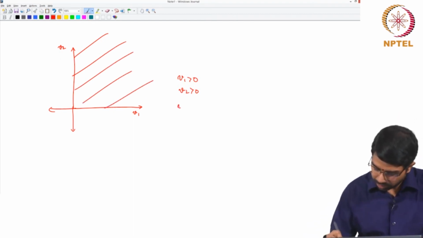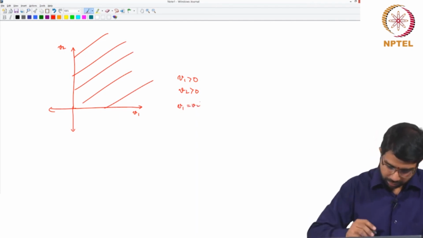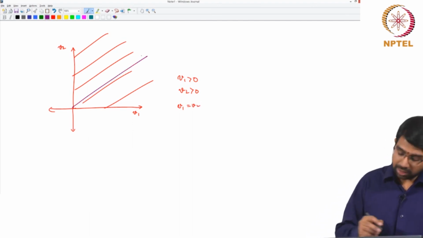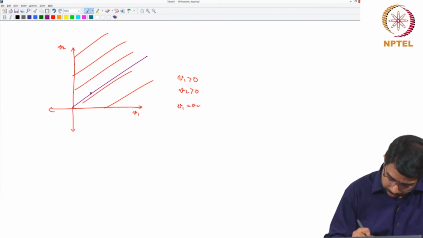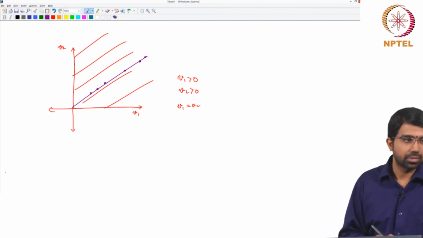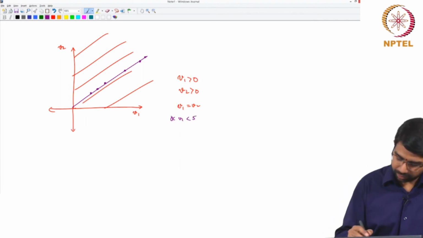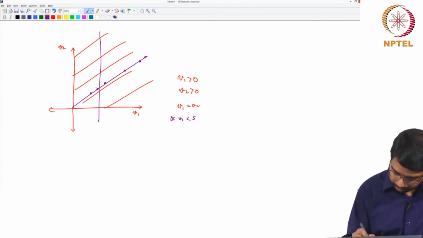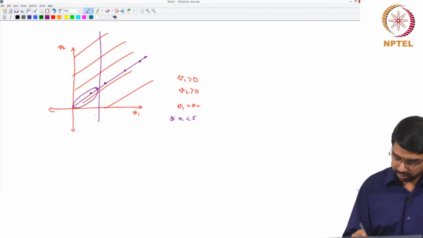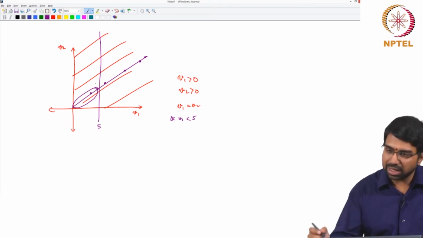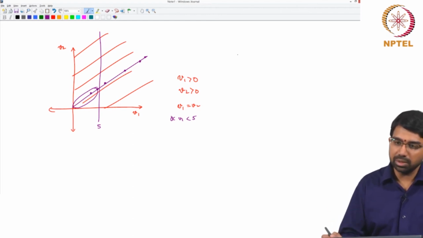Now if I say V1 equal to V2, it becomes this very line, right. So every solution on this is a possibility. And then if I know something more, if I know 0 less than V1 less than 5, that might say that all the solutions are on this part, let us say this is 5. So these constraints basically help eliminate impossible behaviors, impossible flux solutions.